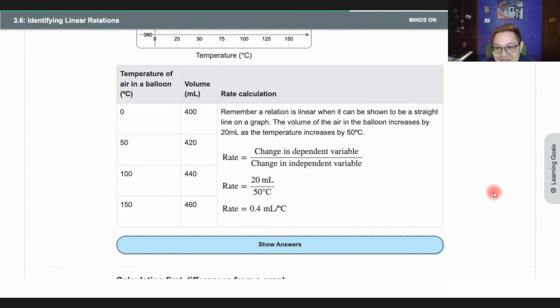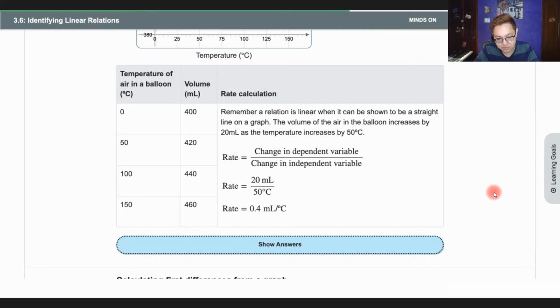So the rate calculation. Remember, a relation is linear when it can be shown to be a straight line on the graph.